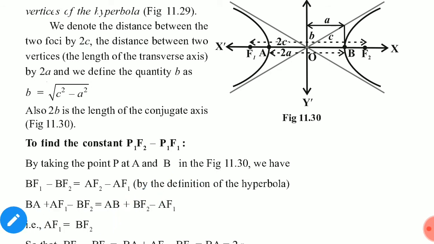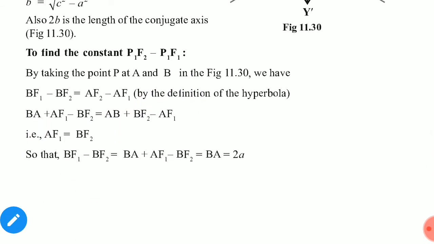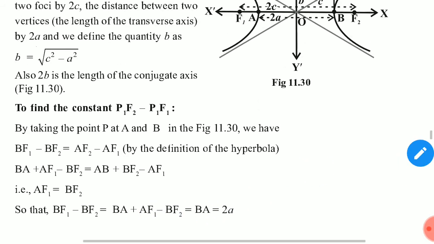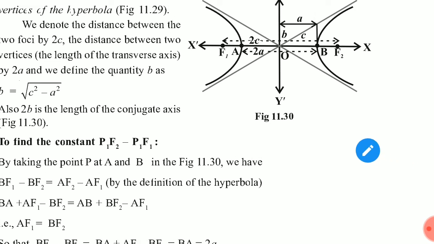So in BF1 minus BF2, AF1 and BF2 are equal, so they cancel, and that is equal to BA, meaning the length of the transverse axis. This is BA or AB, the length of the transverse axis, that is equal to 2a.